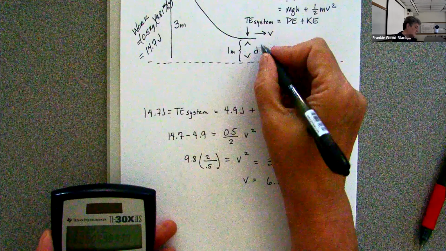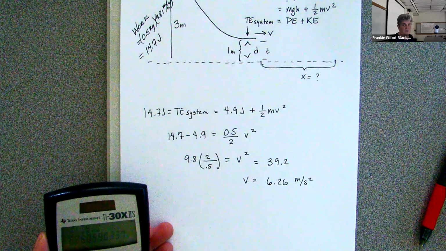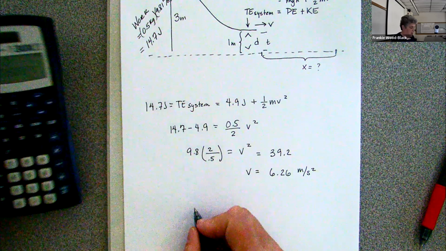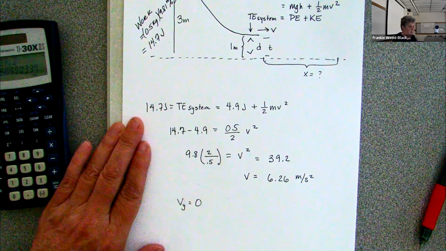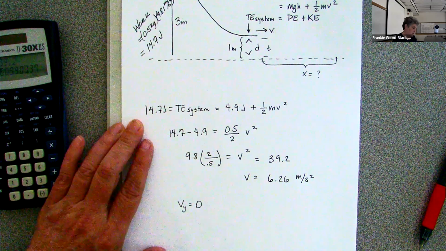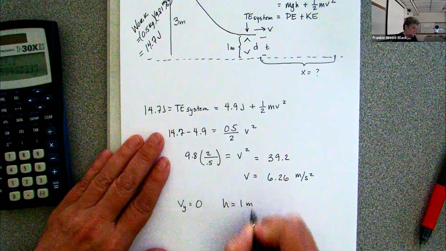Well, we need to know the time that it takes it to fall 1 meter. So I know my initial y velocity is 0 because this is only in the x direction on this slide. I know my height is equal to 1 meter.